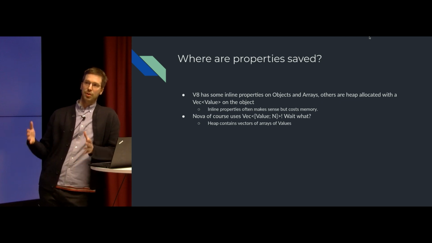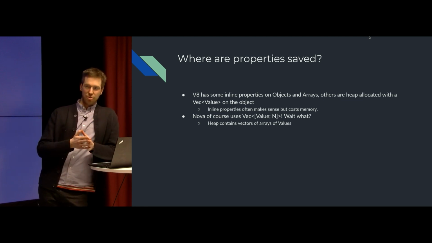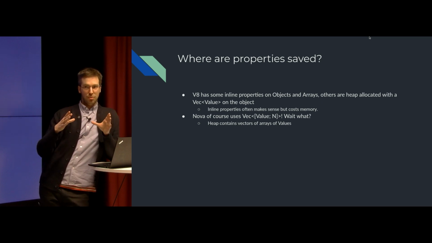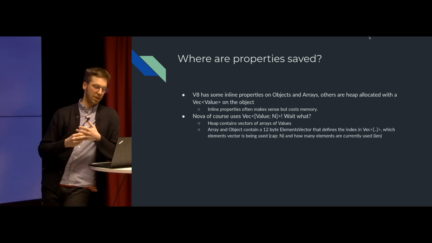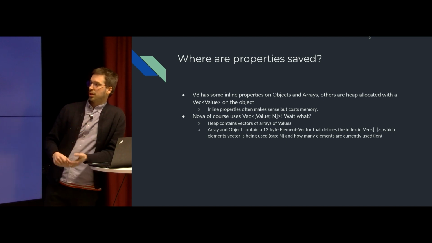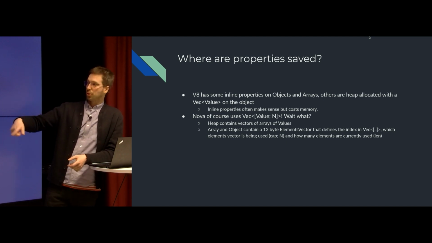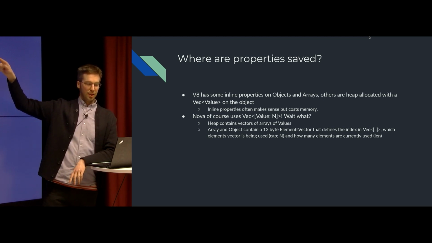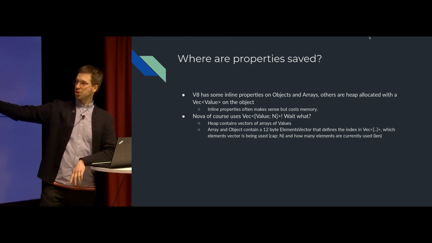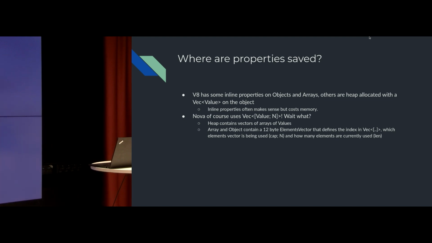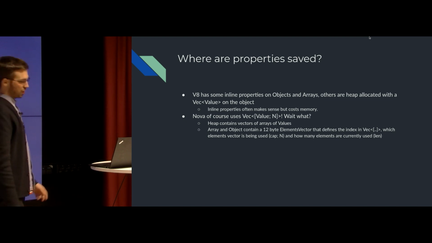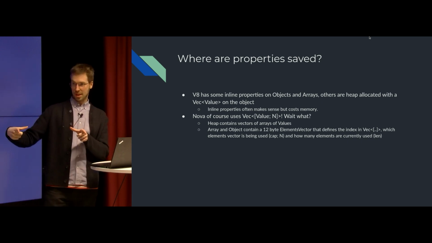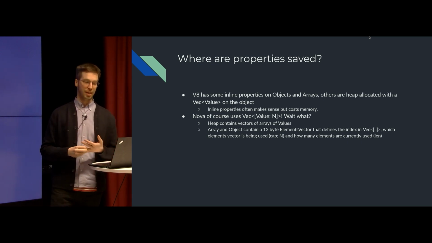So our heap contains vectors that prepare to have arrays of values of some defined size. So the array and object, when they point to their elements or properties, they know which vector of this kind they are pointing to, and then which index in there they are pointing to, and how many items in that array they use.